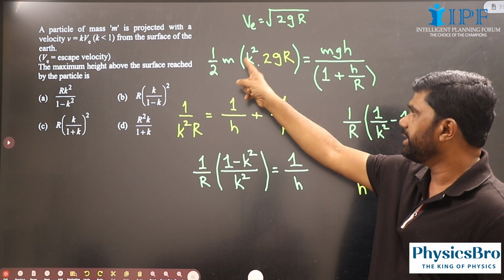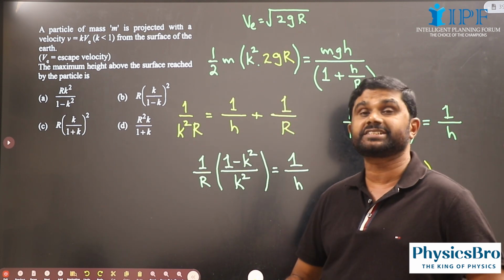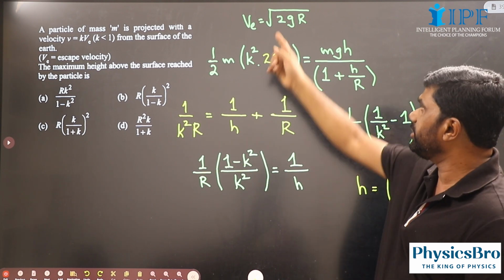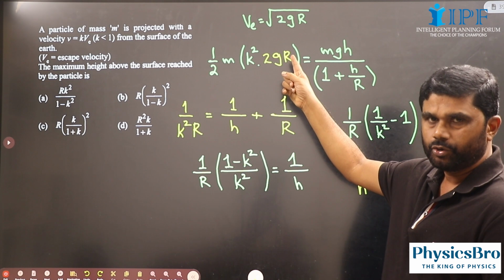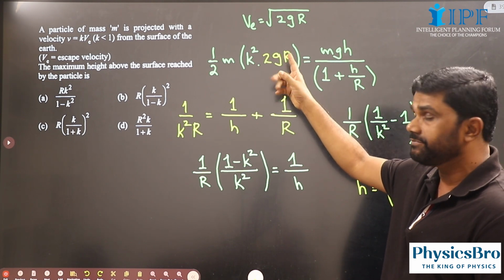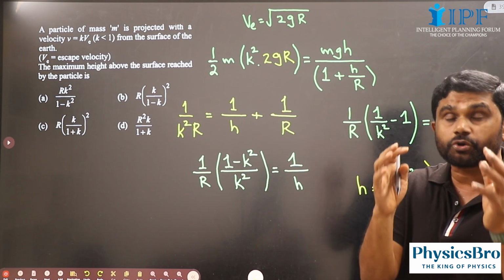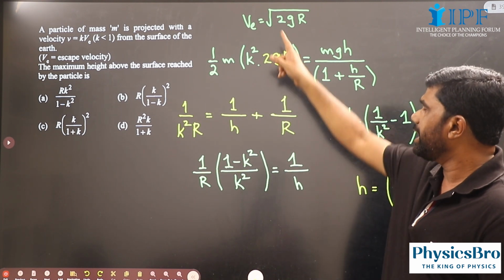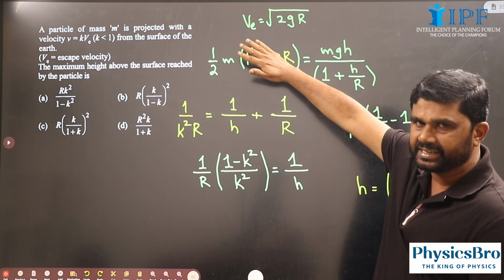So half m, then the square of k times the escape velocity, which is k square times the square of escape velocity. The escape velocity is root 2gr and its square will be 2gr. So this is the decrease in kinetic energy.